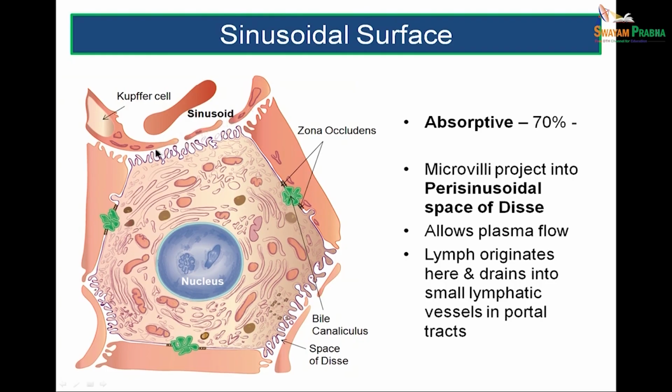So, this is called the perisinusoidal space of Disse. This perisinusoidal space lies between the sinusoidal endothelium and the sinusoidal surface of the hepatocyte. And this space allows plasma flow, and lymph originates in this space and drains into the lymphatics in the portal areas.